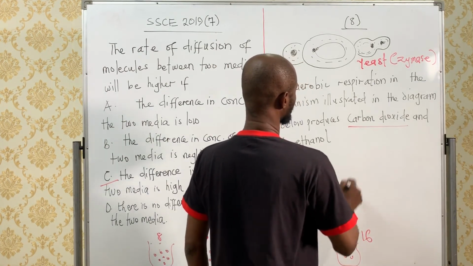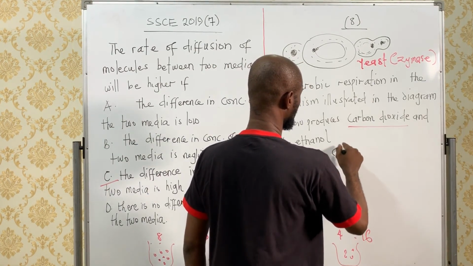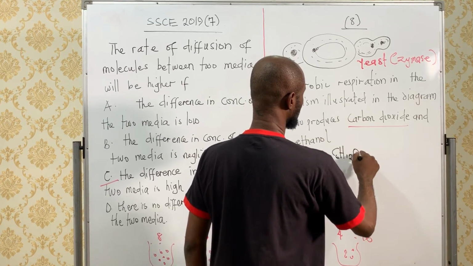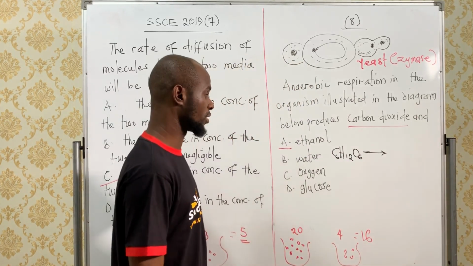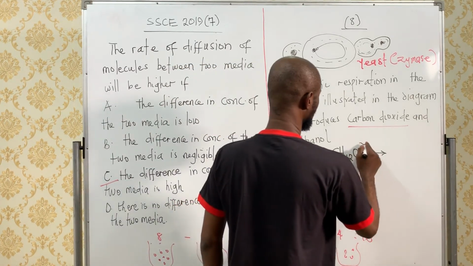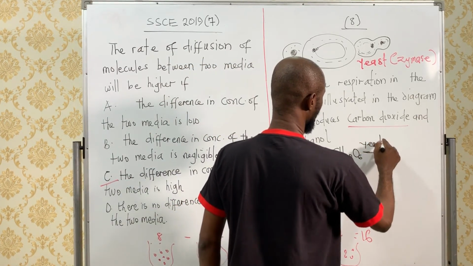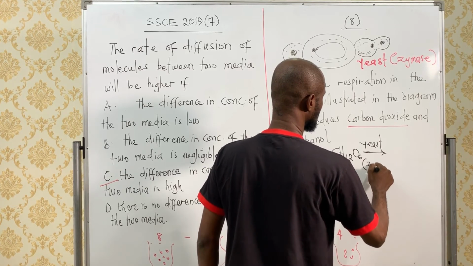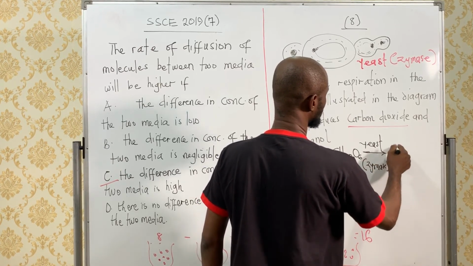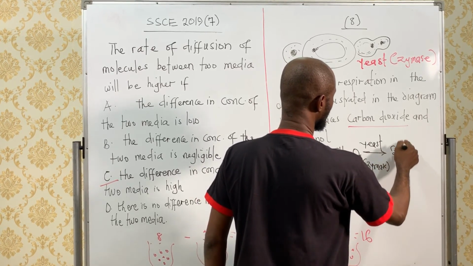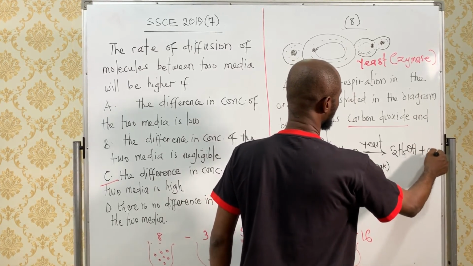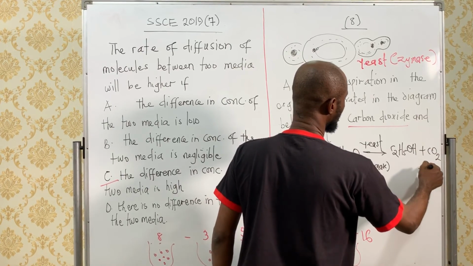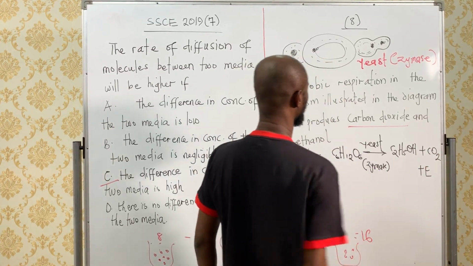We have glucose, C6H12O6. There is no oxygen involved. However, there is yeast that has the enzyme zymase, and it's going to produce C2H5OH as the ethanol, and carbon dioxide is produced while a little amount of energy is also produced.